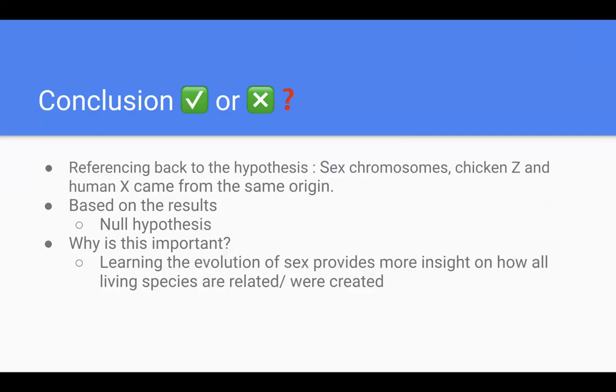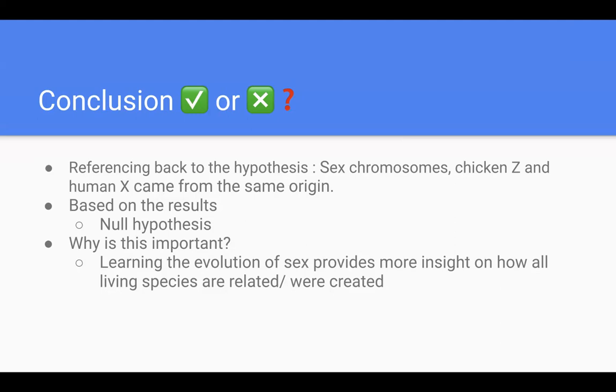When making a conclusion in a scientific paper, you want to reference back to the hypothesis. In this research paper, it was that sex chromosomes, chicken Z and human X, came from the same origin. To make a conclusion, we want to see if the results either support the hypothesis or reject the hypothesis, making it null. Based on the results, the hypothesis is null.